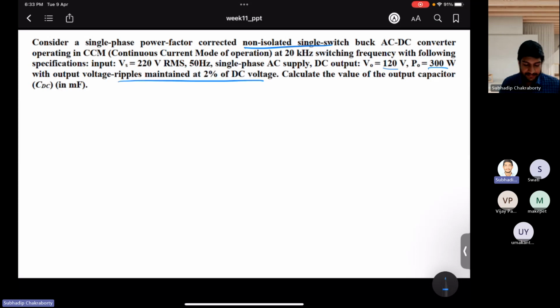And 2% DC voltage ripple at the output of the buck is given. Knowing that, you are asked to calculate the output capacitor value. For buck, I think it is easy. This problem boils down to simply finding the output capacitor value of a buck, C output or CDC in millifarads.